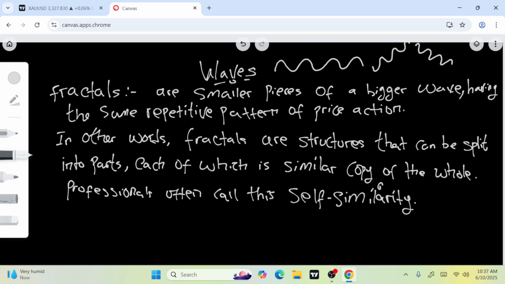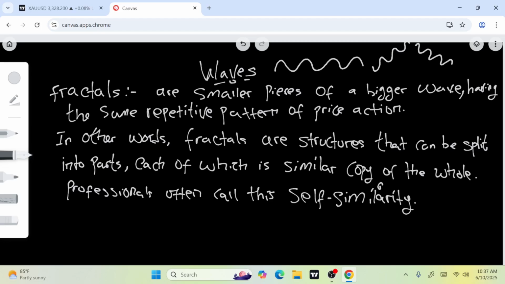Be rest assured that each of those structures has a what? Has a fractal inside in a smaller what? In smaller pieces. That is in a smaller time frame. Are you guys following? Now, great. Please, you need to understand this effectively. We need to be on the same page. Now that we know our wave, and we know our fractals, what is now the structure of these waves?